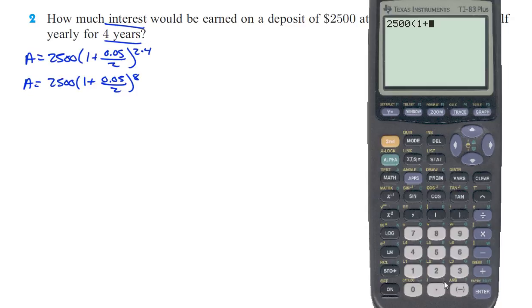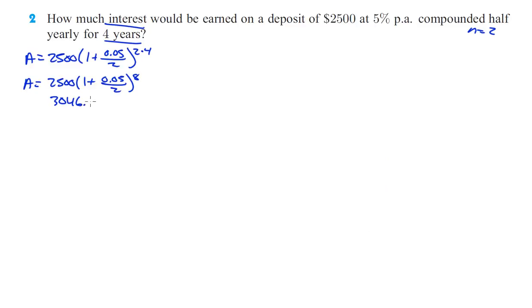Parentheses 1 plus 0.005 divided by 2, all to the 8th power, gives us 3046.01. All right, so that's how much they're going to end up with at the end. But now again, remember, it asks us how much interest would be earned.